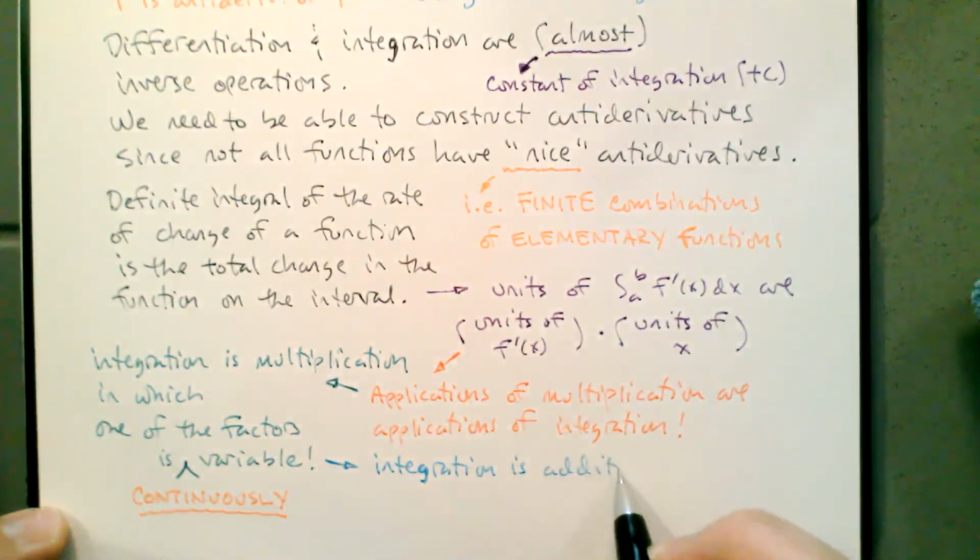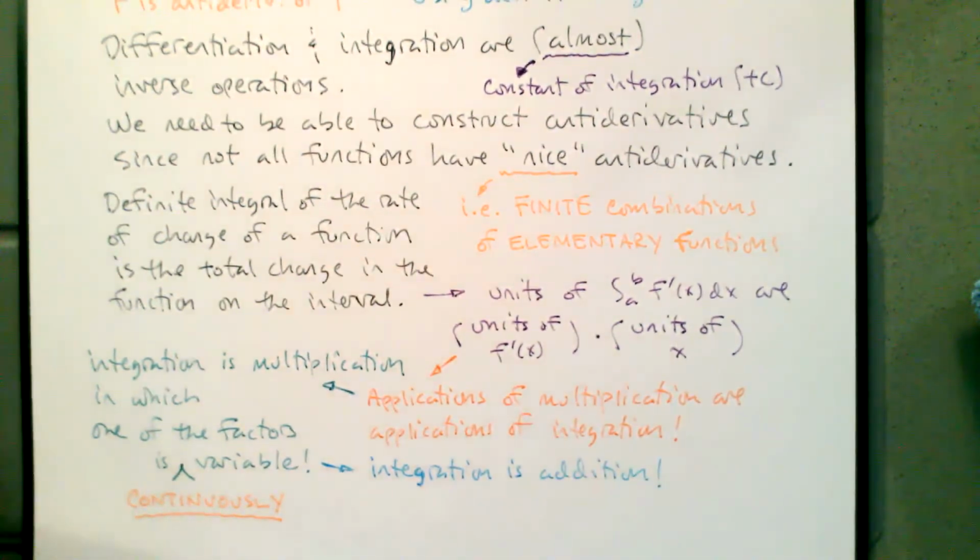Because addition is what we do when our terms are not the same. So in that sense, integration goes all the way back to the beginning when we first started learning operations on numbers.